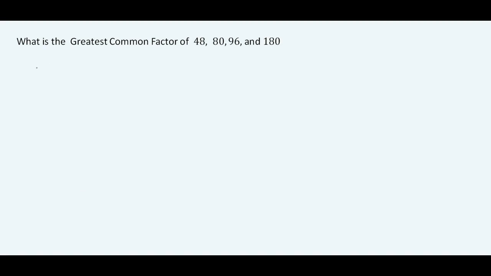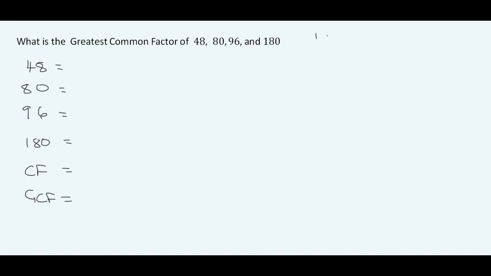Finally, let's look at 48, 80, 96, 180. Common factors, greatest common factor. So let's look at 48.